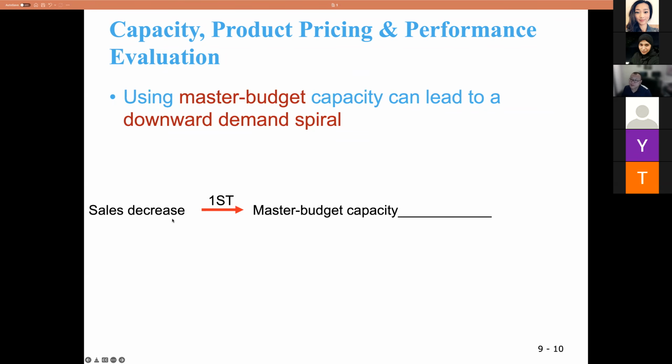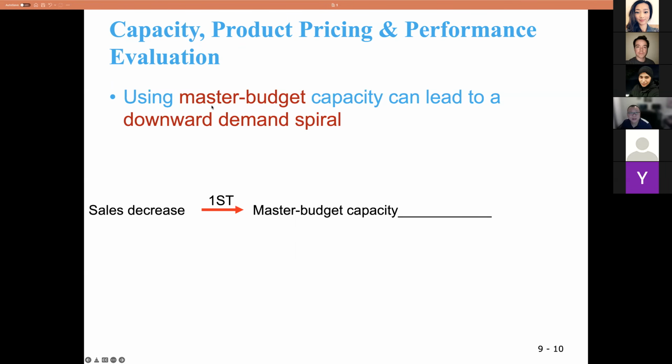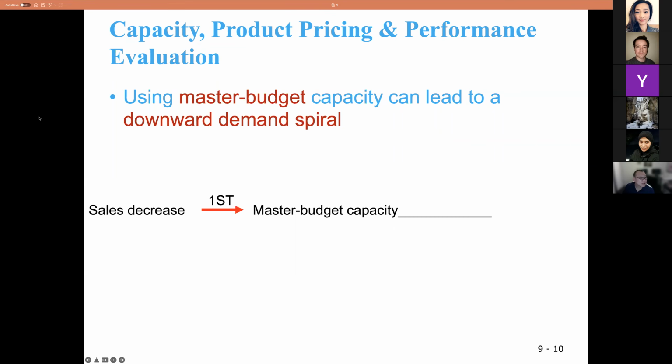If the sales decreased, can you tell me about the demand? How does that speak of the demand from the customer? I will call somebody who hasn't answered. Yufeng? I think it will decrease. Right, so the customer demand decreased. So what about the short-term master budget capacity?